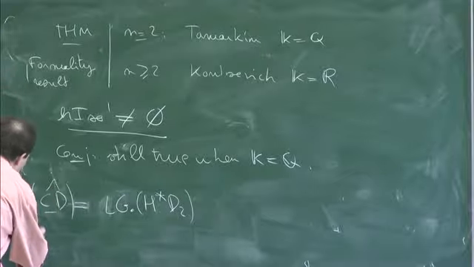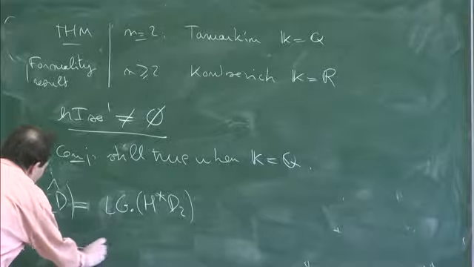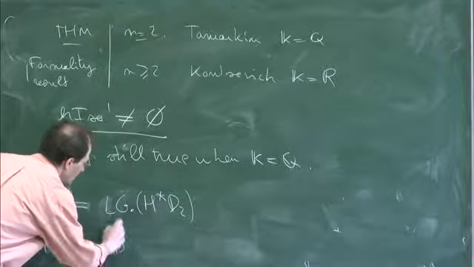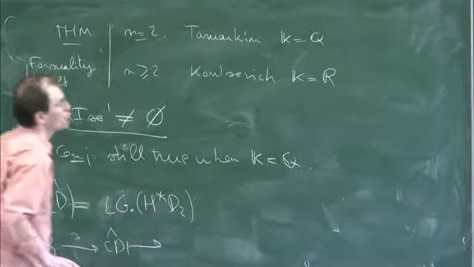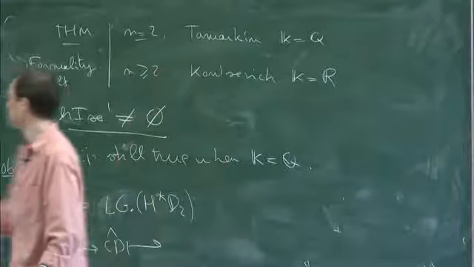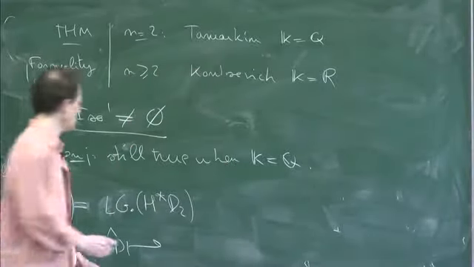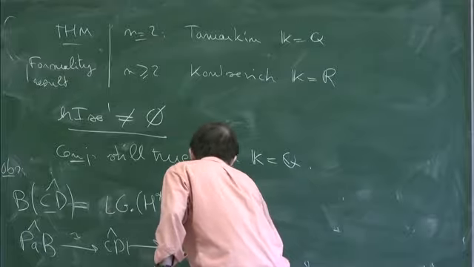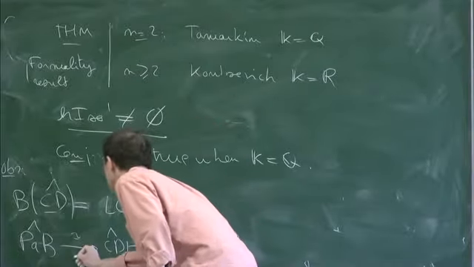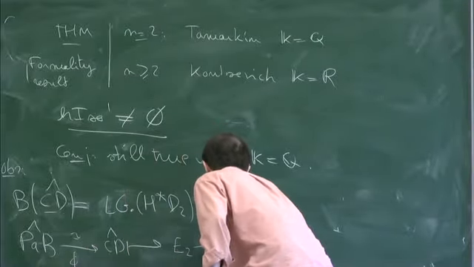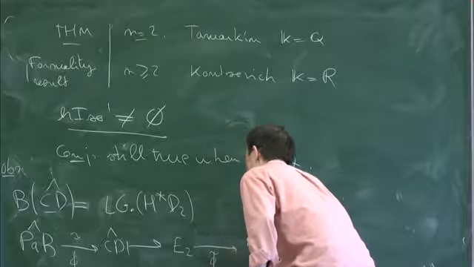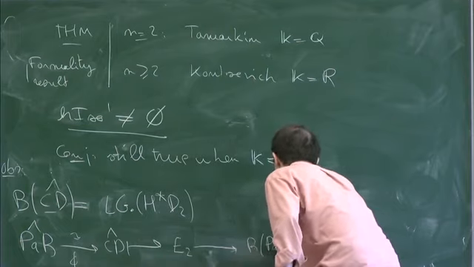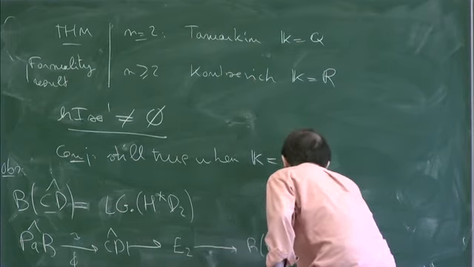And each associator, which corresponds to an isomorphism from PaB to CD hat, gives rise to a weak equivalence from E2 to this space, because for this E2 you can take the cofibrant replacement of this operad.